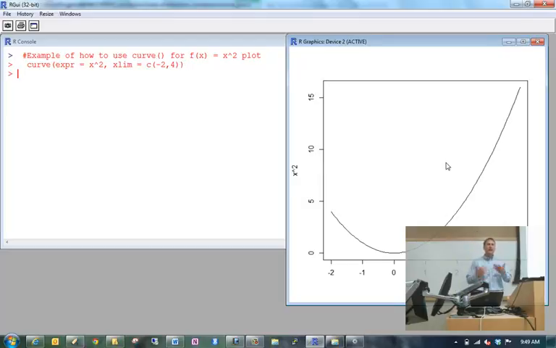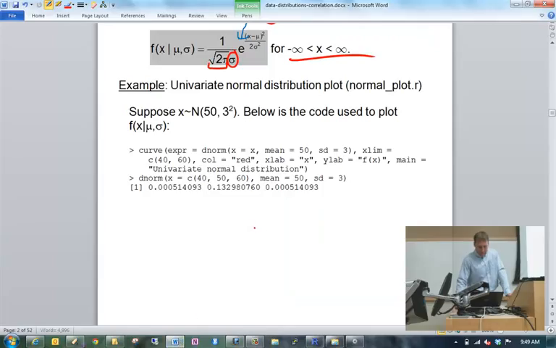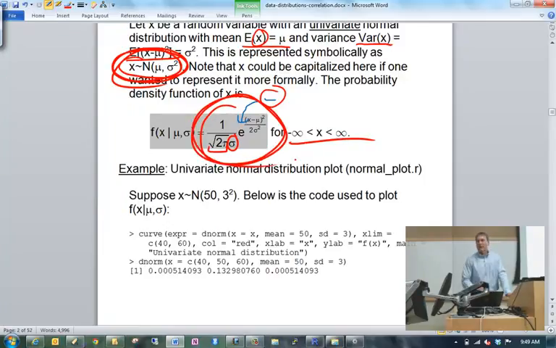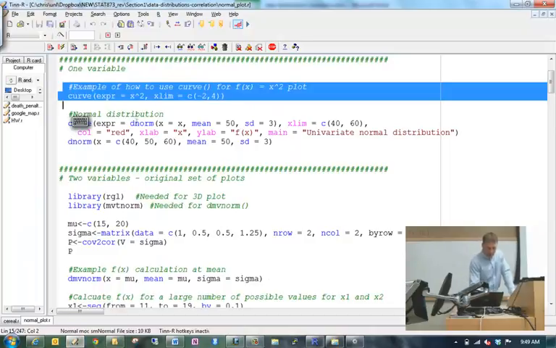Okay. Now let's do this with the univariate normal distribution. Now what I could do is simply put this equation into our syntax. I don't need to because in R there is a nice little function called dnorm.